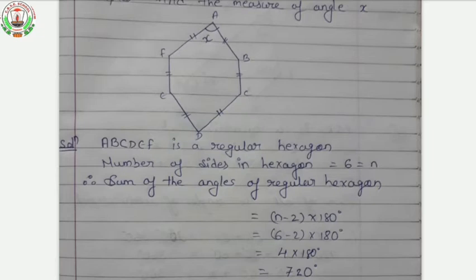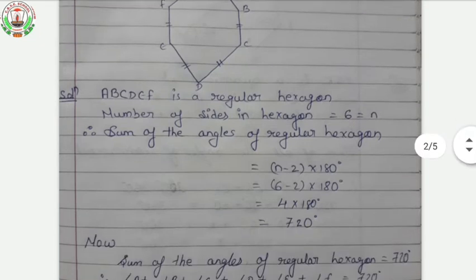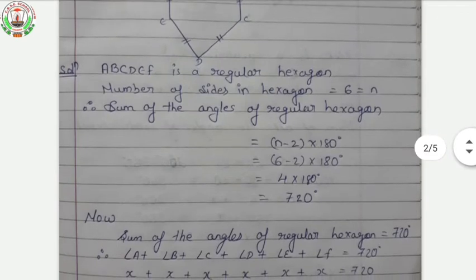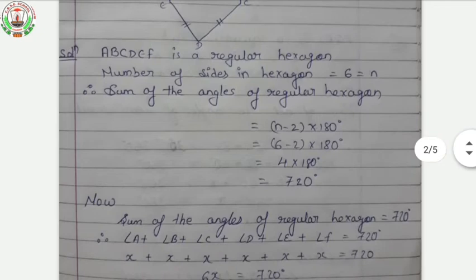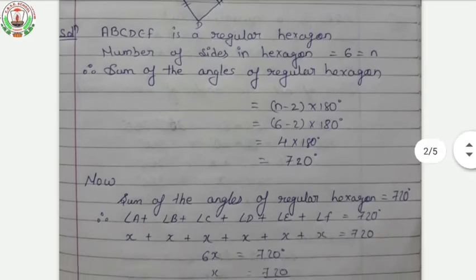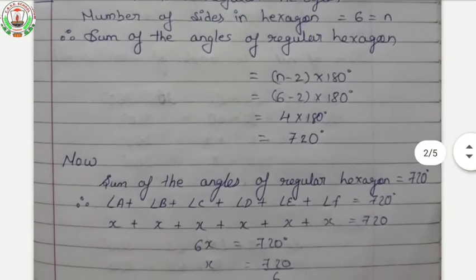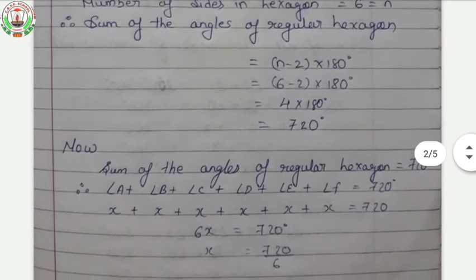Therefore, sum of the angles of a regular hexagon, what is the formula for that? (n minus 2) into 180. So what is the value of n we have? The n value we have is 6, isn't it? So (6 minus 2) into 180. So 6 minus 2 is how much? 4. 4 into 180, how much? 720.